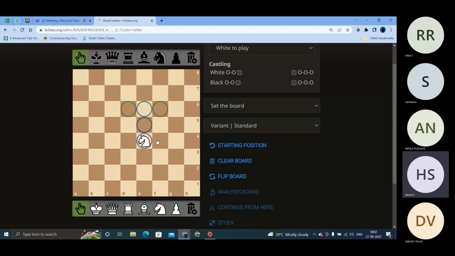Same way, two steps in the same direction. See, this is the same direction. Two squares in the same direction, take a turn and it will land here, or two steps like this, it will land here. Then again, two steps like this and two steps in the same direction, downward.